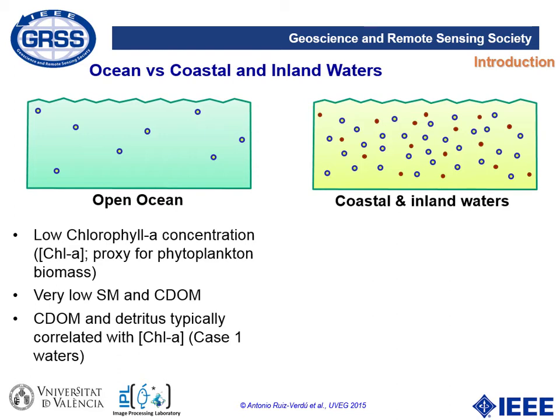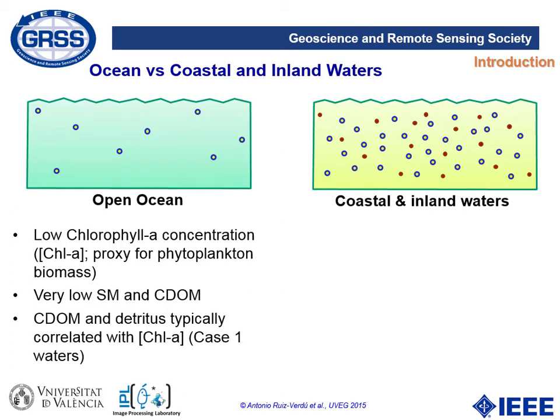That means that what we can find in the open ocean are small concentrations of phytoplankton, a small number of cells, and a small concentration of chlorophyll A, and also small concentration of CDOM, which are related with chlorophyll because basically they derive from the decomposition of phytoplankton.